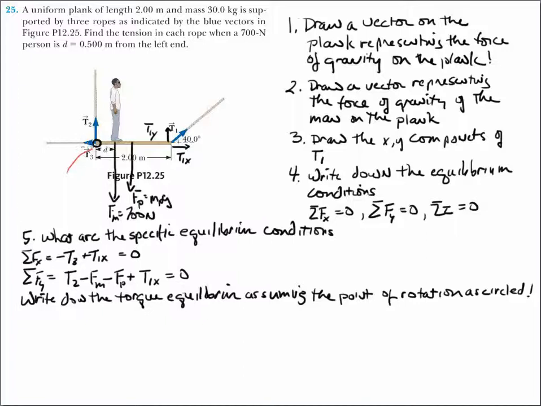We have the sum of the torques will be equal to minus Fm d, the force of man, distance d from the point of rotation, minus the force of the plank, distance 1 meter from the rotation, where 1 meter is the point at which the center of gravity is located, plus T1y in the opposite direction times its distance 2 meters from the point of rotation.